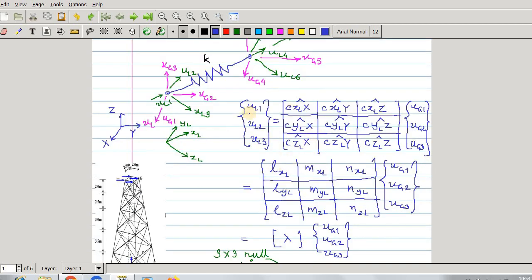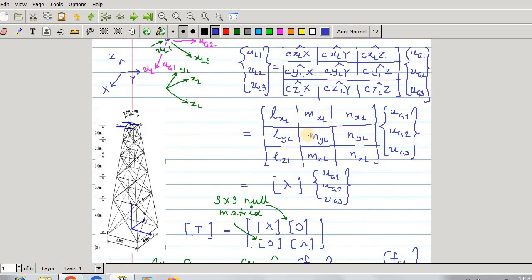You can also call these the L, M and N of XL. This is L for XL, this is M for XL, and this is N for XL. Similarly, this is L for local Y, this is M for local Y, and this is N for local Y. And these are L, M and N for local Z. So this matrix we call lambda.